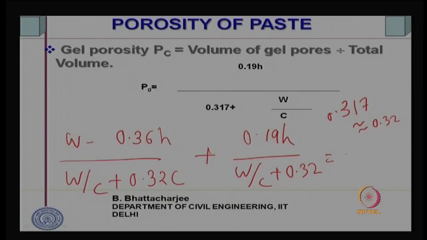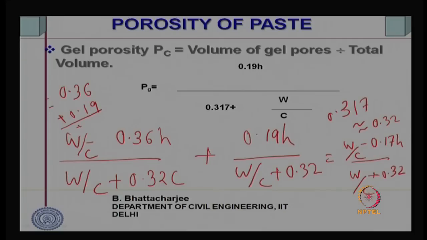So, if you sum this up, you will get W by C minus 0.17 H divided by W by C plus 0.32, because minus 0.36 plus 0.19 is equal to minus 0.17.